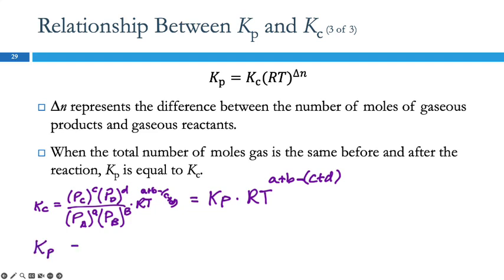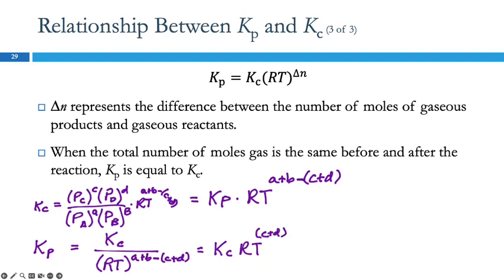So KP is KC divided by RT to the mess. If we bring that into the numerator, we're going to change the sign again. And now we're going to have C plus D minus A plus B.